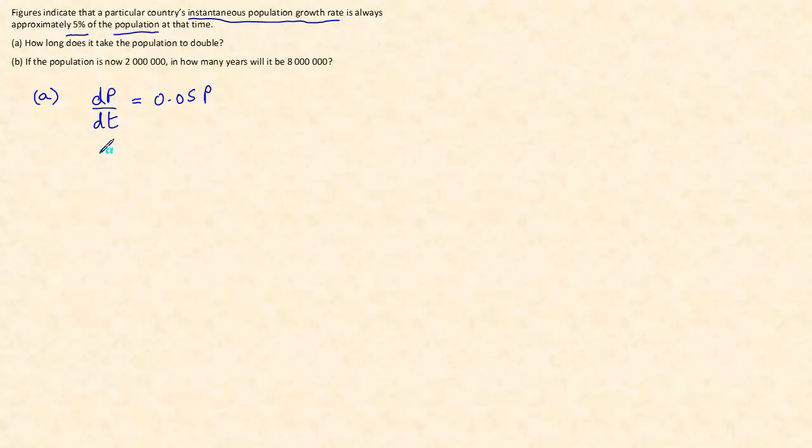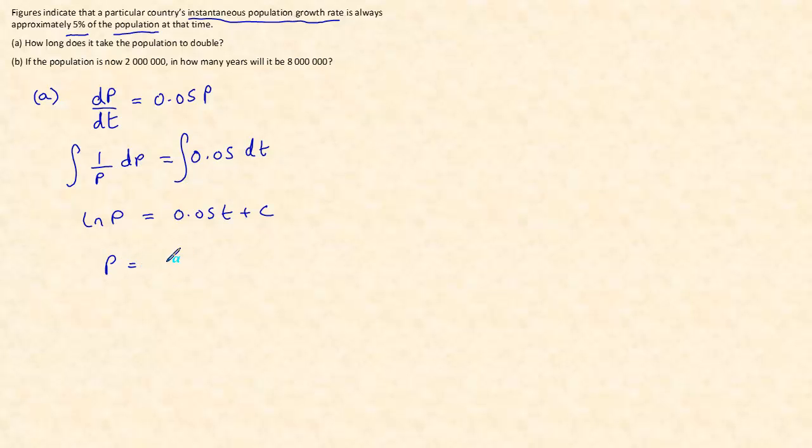Divide both sides by p, 1 over p dp, and separate 0.05 dt and integrate. And then we get ln p. I don't really need the modulus because the population can't be negative, is 0.05t plus a constant.